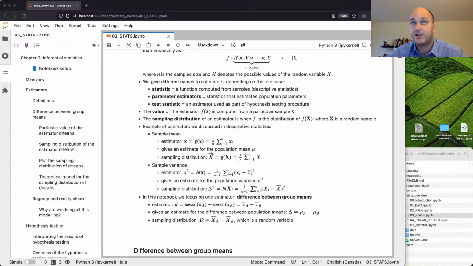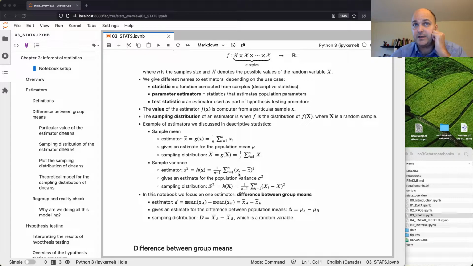And this will tell you the variability of the sample means you compute. So again, the same function computed on a sample is a value, an estimate, a number. And the same function computed on a random sample tells you a distribution.